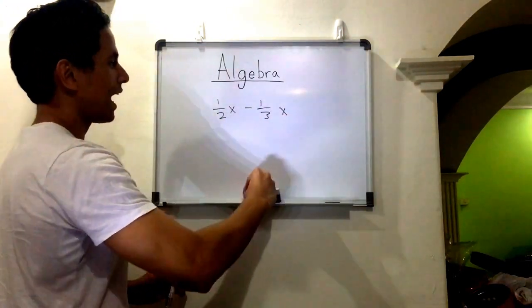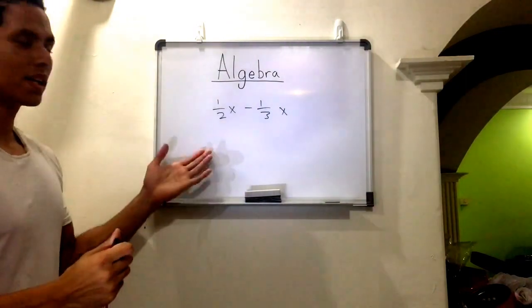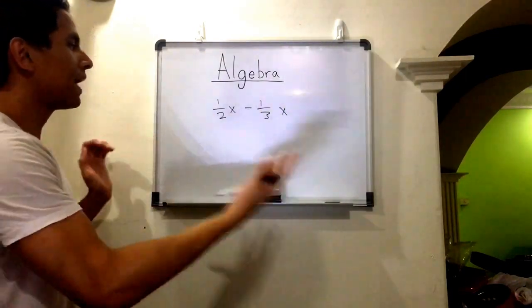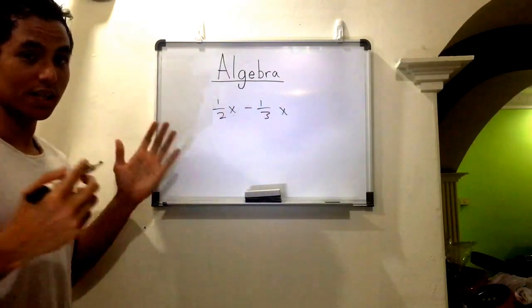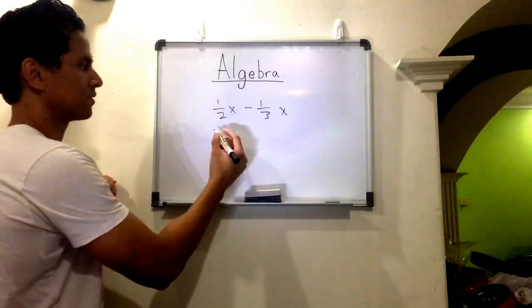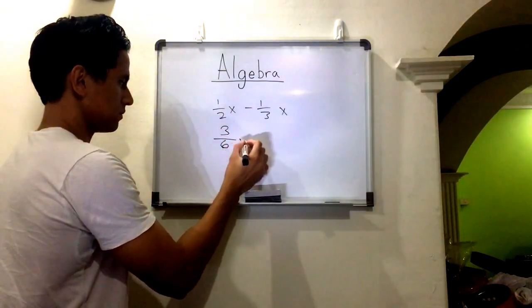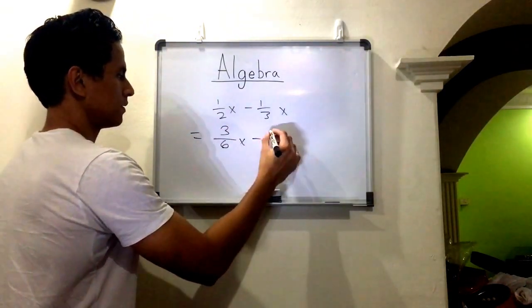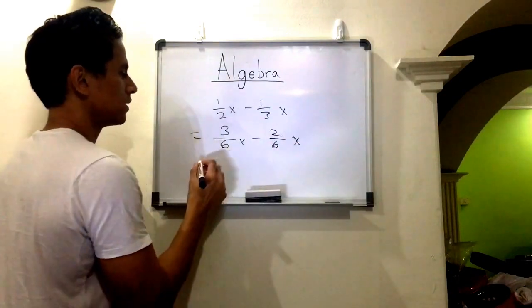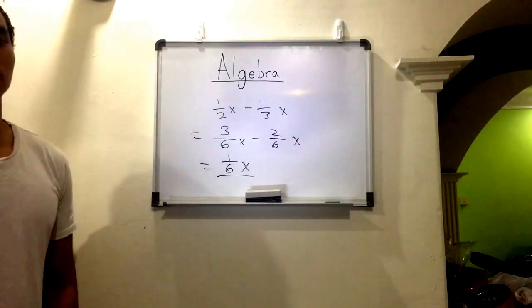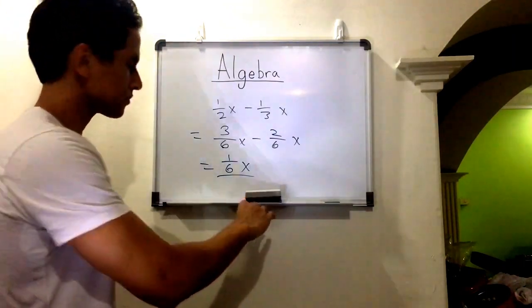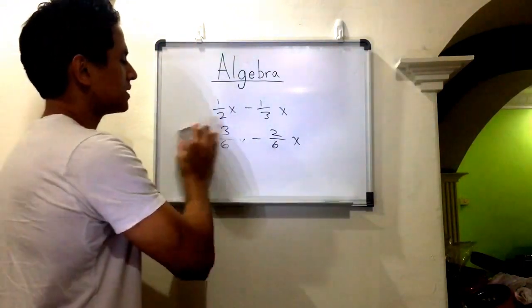So if both terms are x, we can simplify simply by subtracting the two as if they were just numbers. So what happens? We find the common denominator and we do as such. So this will give us 1 over 6x. So the answer will be 1 over 6x. Simply for this example. Okay, let me move on to the fourth example.